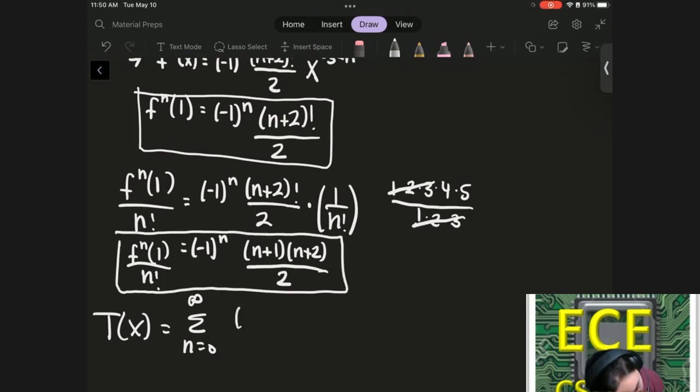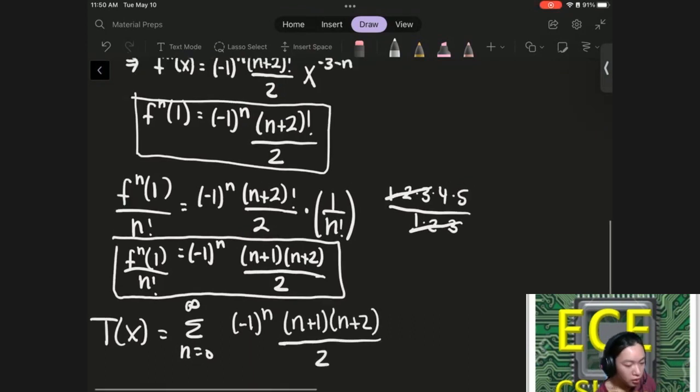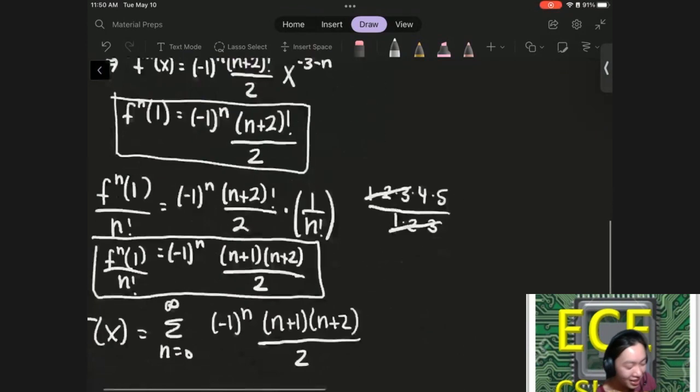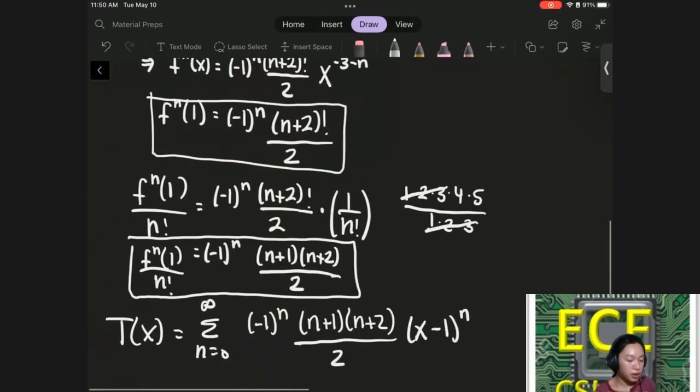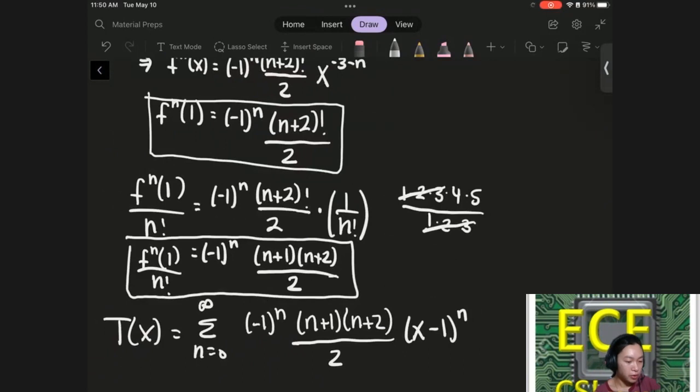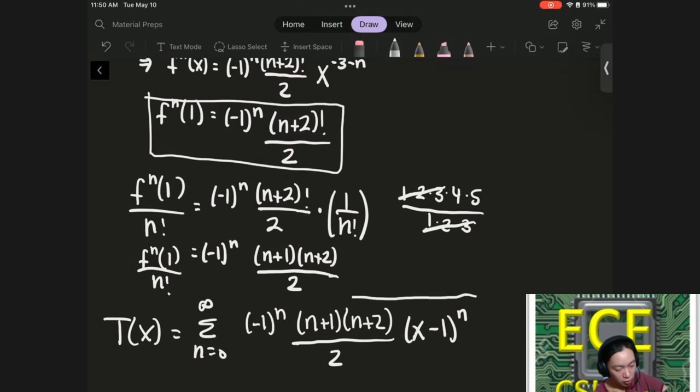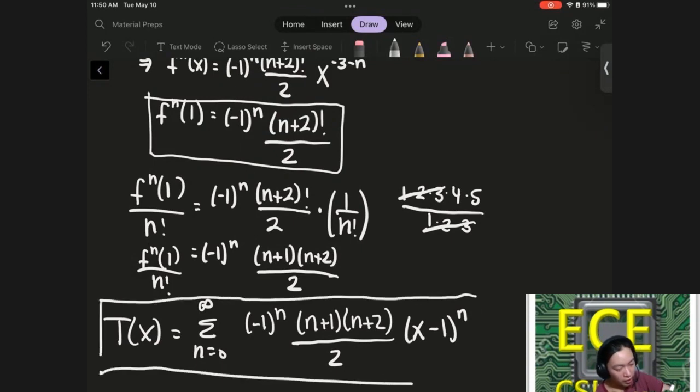So that's minus 1 to the n times n times n plus 1 times n plus 2 all over 2 times, what's the rest of it? x minus c, which is just 1, to the n. And that is your Taylor series approximation. So this is your final answer. Okay. There you go.